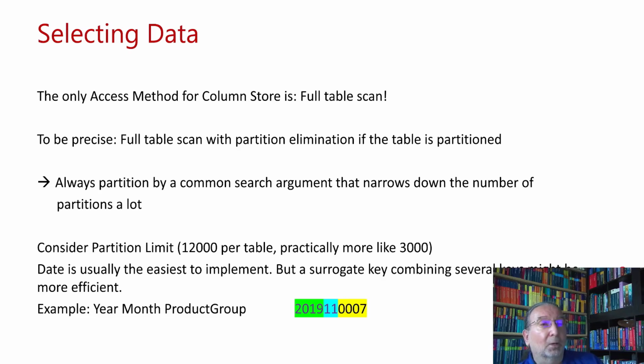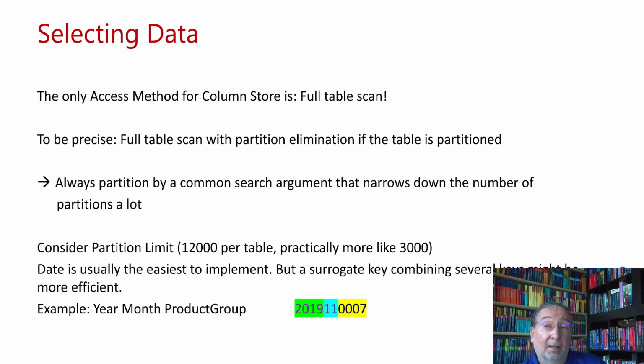It doesn't work if you have actual 10,000 different product groups, because then you exceed the limit of partitions. But if you practically have a dozen or so product groups that have all weird numbers, and then the year and the month, over a period of 10 years that gives you 120 partitions times another 10 product groups, which is like 1,200 partitions. 30 product groups still works.